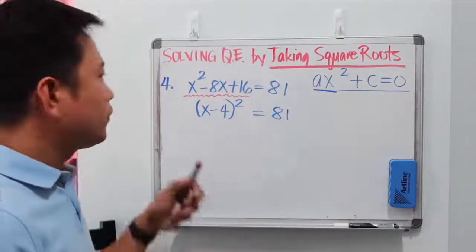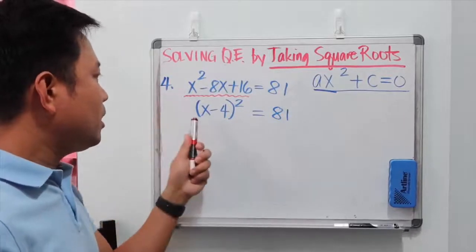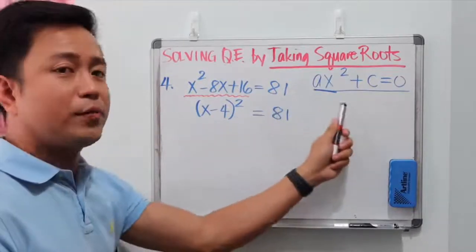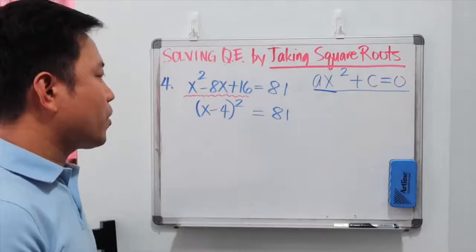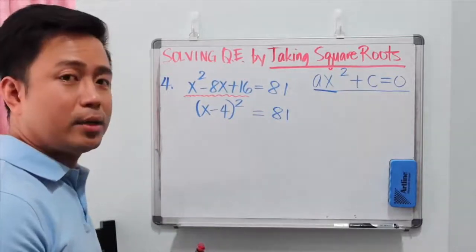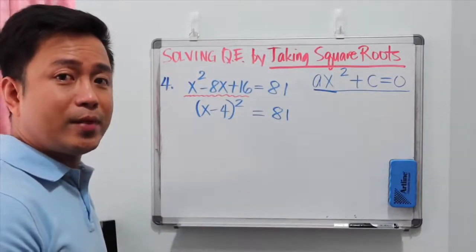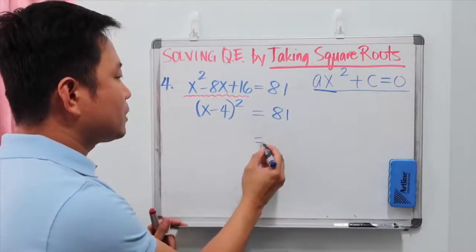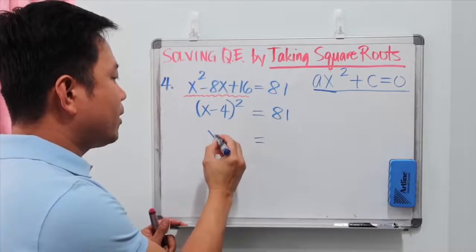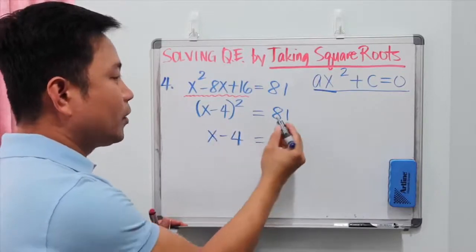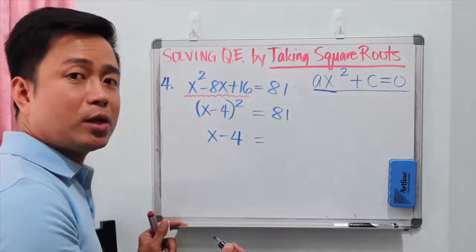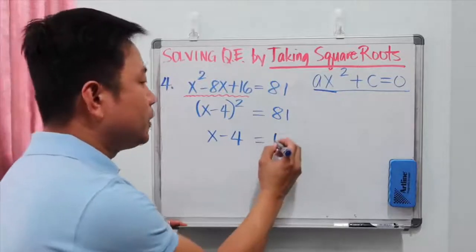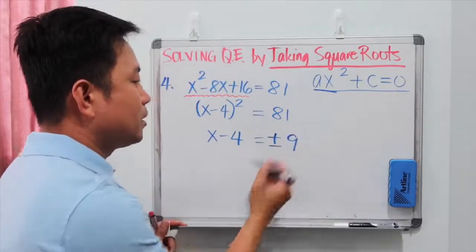So now, from this example, we were able to rewrite it into this format: x minus 4 squared is equal to 81. Now we're ready to get the square root of both sides. So when we take the square root of both sides, you will have x minus 4. Right side, what's the square root of 81? Plus or minus 9.